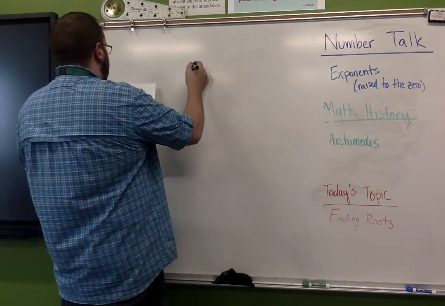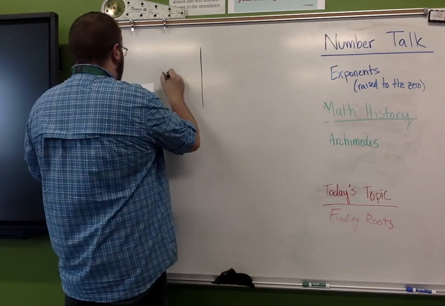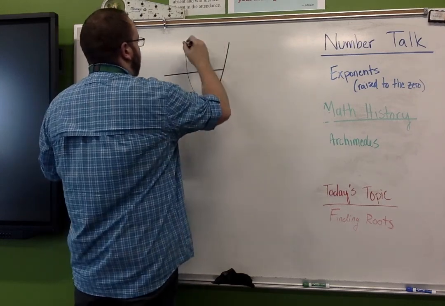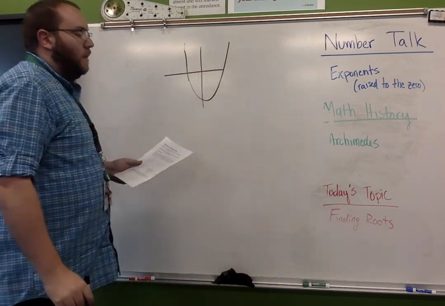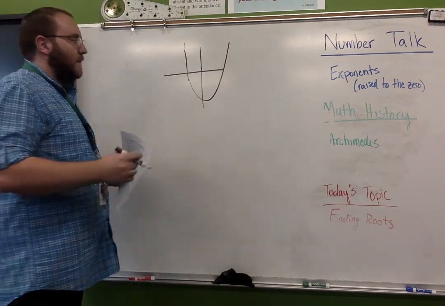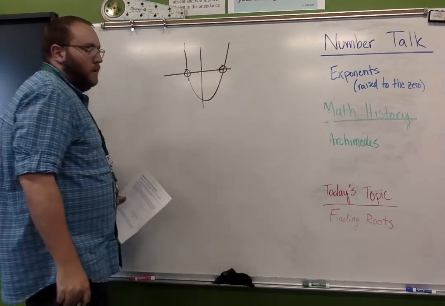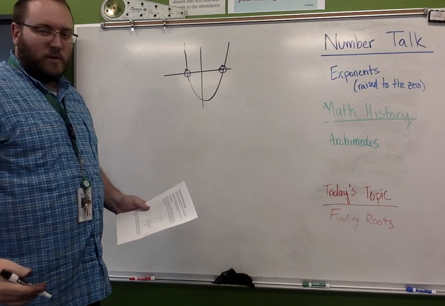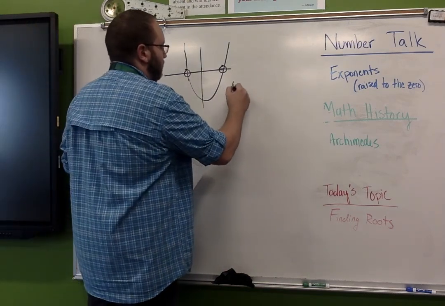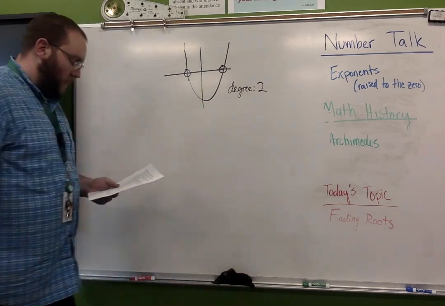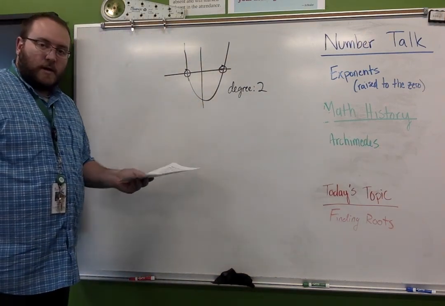So let's look at that first graph. This isn't going to be perfect, but you'll get the gist, I believe. Kind of looks like this. All right, so how many x-intercepts are there? There's 1 and 2. Okay, so that means it's degree 2. I'm going to put the next one on here too.